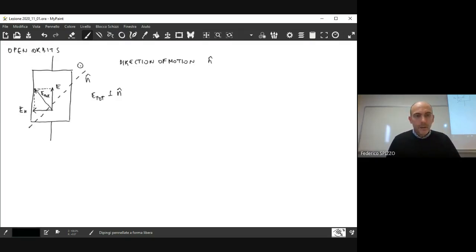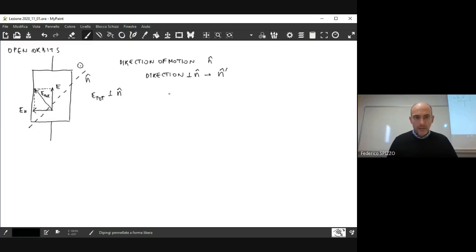So you expect that the Hall field develops in order to prevent the electrons from following this trajectory. And as E total is orthogonal to n, the direction orthogonal to n is called n prime. So n is the direction of the open orbit, n prime is the direction orthogonal to the direction of the open orbit.